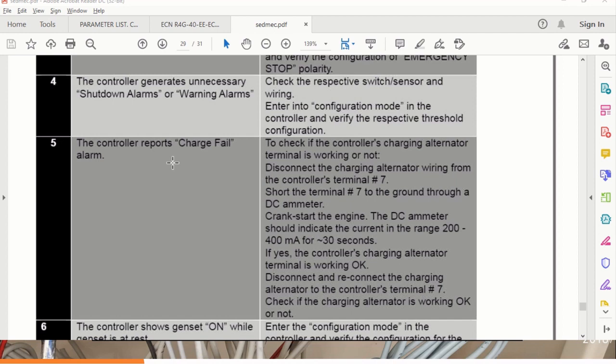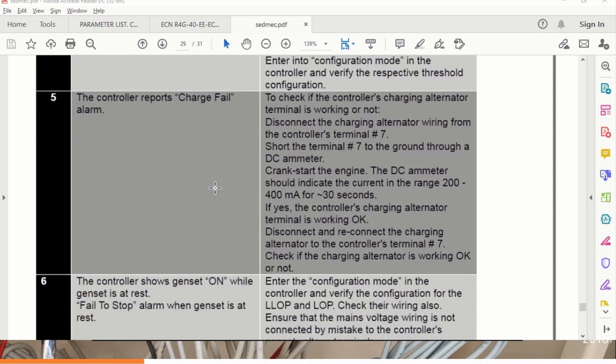So if we have selected 13 volts, and by chance this battery charger is not producing this voltage, then we may get this alarm that there is a battery charger fail. So we should immediately go and rectify it.